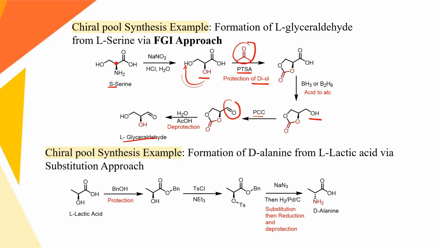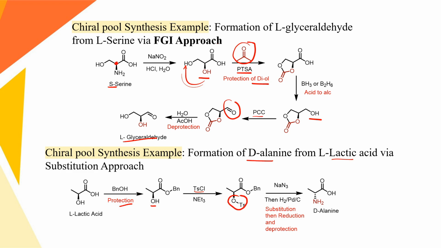Similarly, in another example, you can find the formation of D-alanine from L-lactic acid via a substitution approach. How? First, this particular OH, the acidic OH, gets protected by benzyl bromide, followed by this particular OH also getting protected by tosyl chloride to form the OTs.